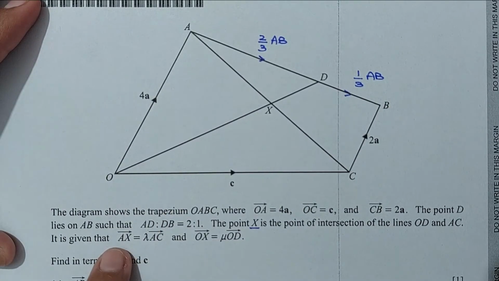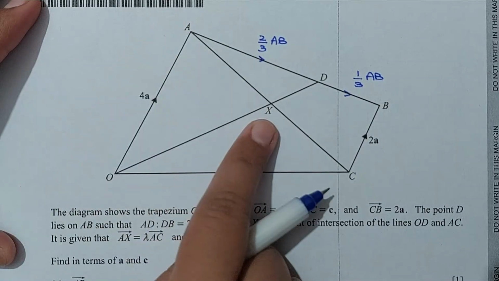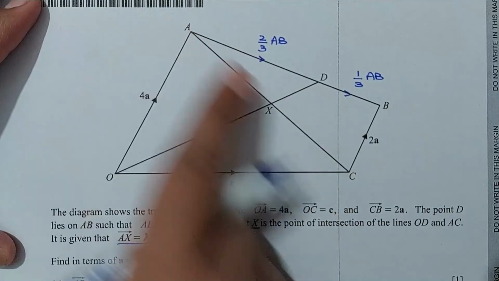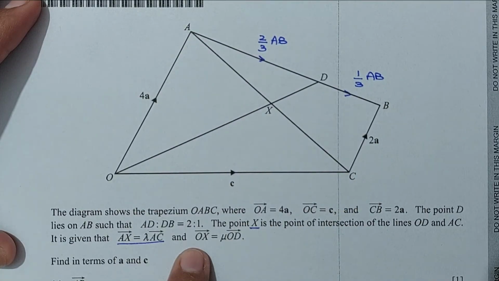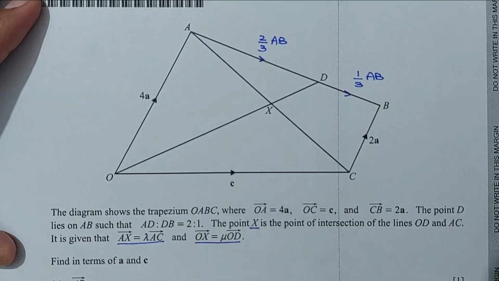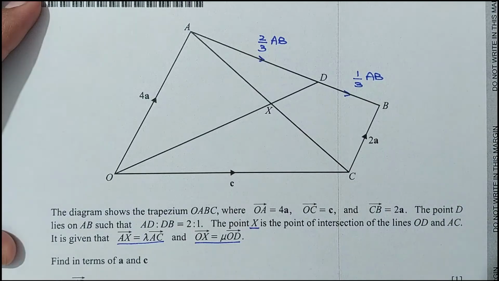It is given that AX is lambda times AC, and OX is mu times OD.